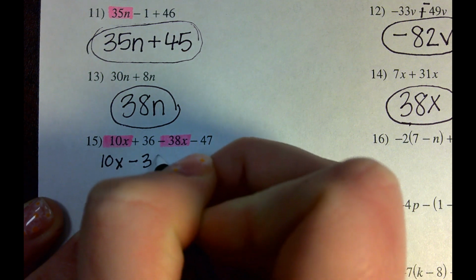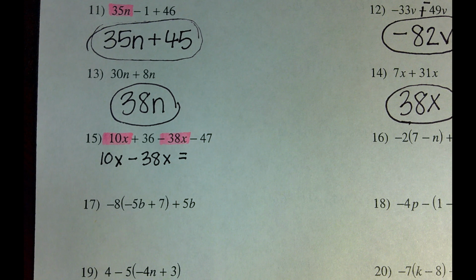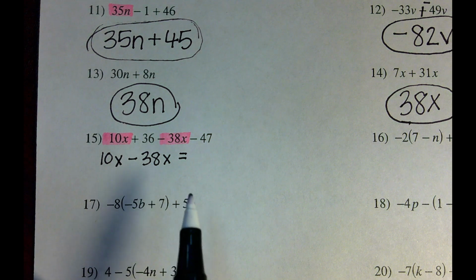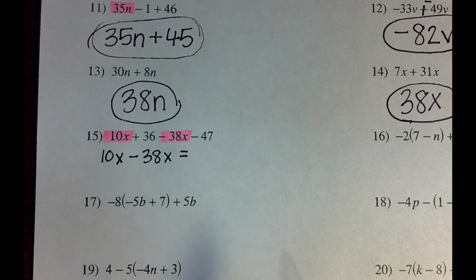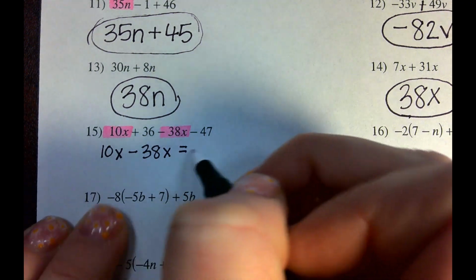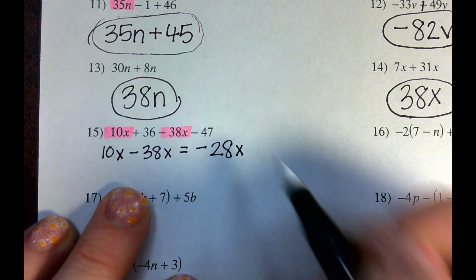10x minus 38x. What is that? 28. Positive or negative? Negative, because I'm starting with only 10. If I have $10 in my bank account and I go spend 38 bucks, I'm going to have a negative balance, guys. I'm spending more than I have. So, negative 28x.